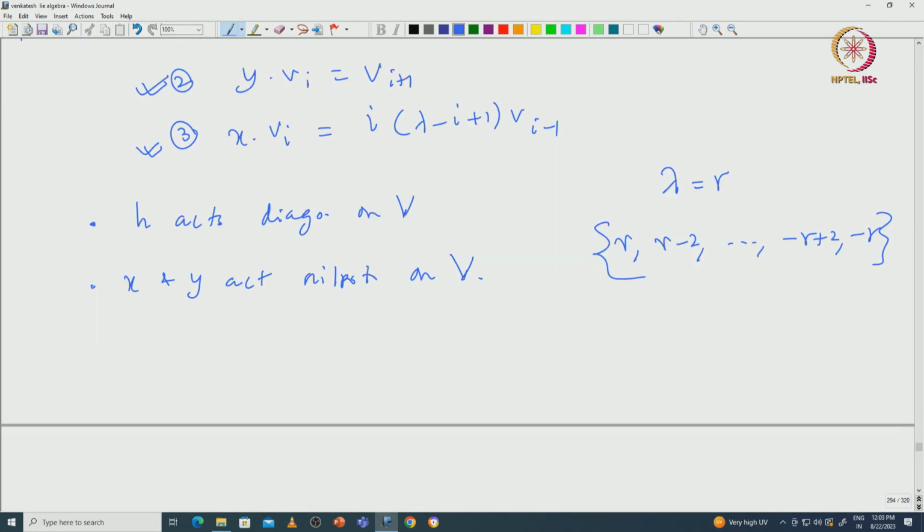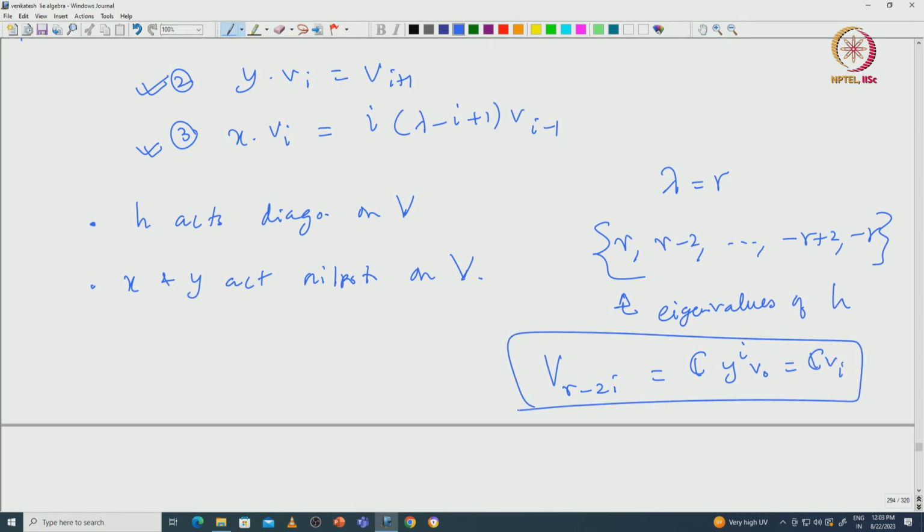These are all the eigenvalues of H acting on V, and if you take this V R minus 2 i, this is spanned by just Y power i V naught, which is just V i. Okay. So, this is what we saw in the last class.